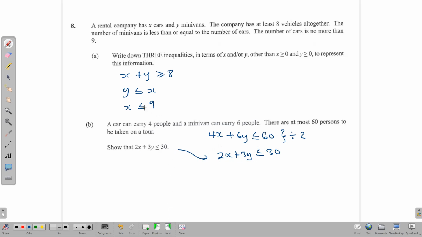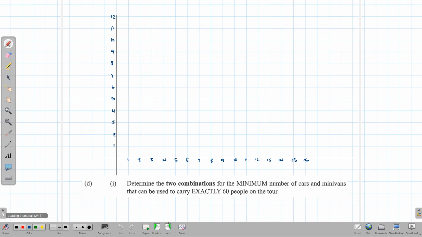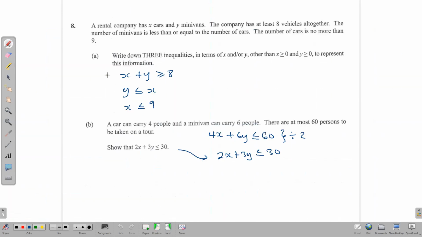And now we need to draw a graph using these inequalities here. So the next part would be to draw your graph. Now using this first inequality here, I'm just going to write them down as 1, 2, 3, and 4. Of course, they are straight lines. So x plus y is greater than or equal to 8, which means that y is greater than or equal to 8 minus x. And there are some easy points that you can put on this. When x is 8, y is 0.